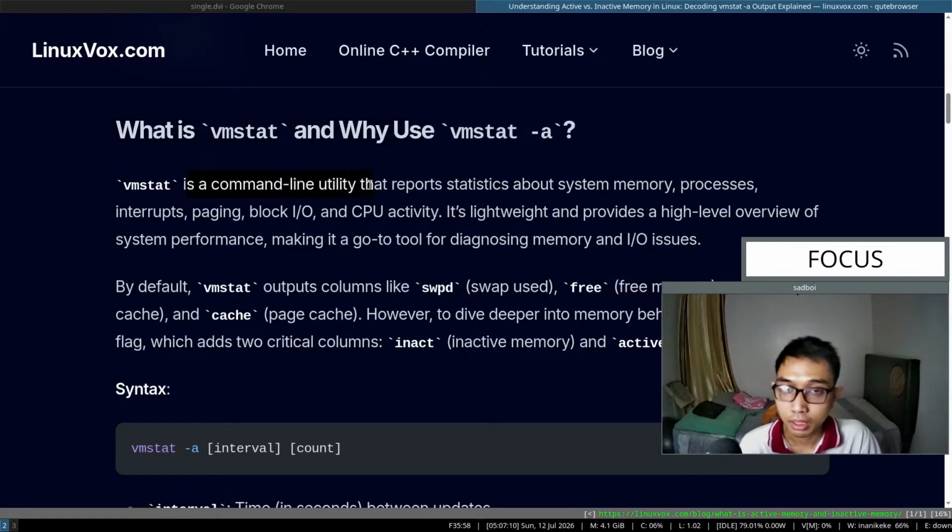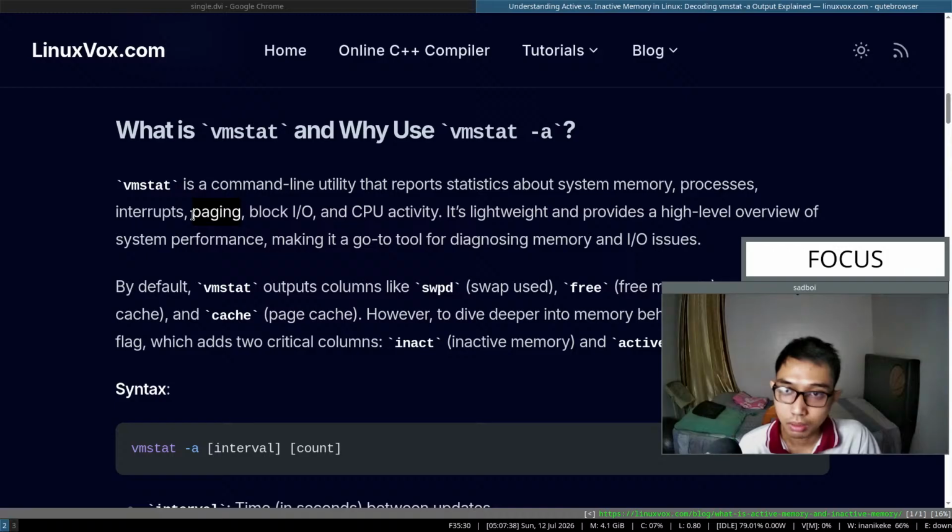vmstat is a command line utility that reports statistics about system memory, processes, interrupts. We have information about interrupts too. Okay. Paging, block input output, and CPU activity.